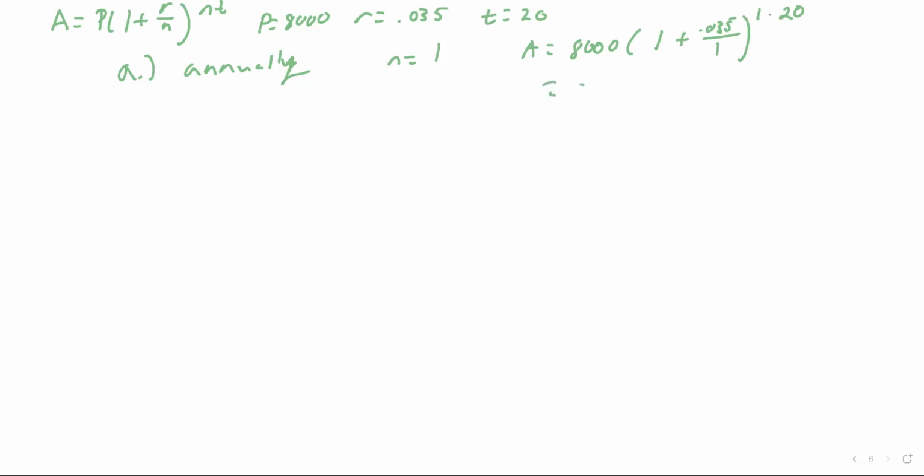So we've got 8,000 times 1.035 raised to the 20th power. That's a big number. So let's get our handy dandy calculators out. I would do 1.03, turn the calculator on would be your first step.